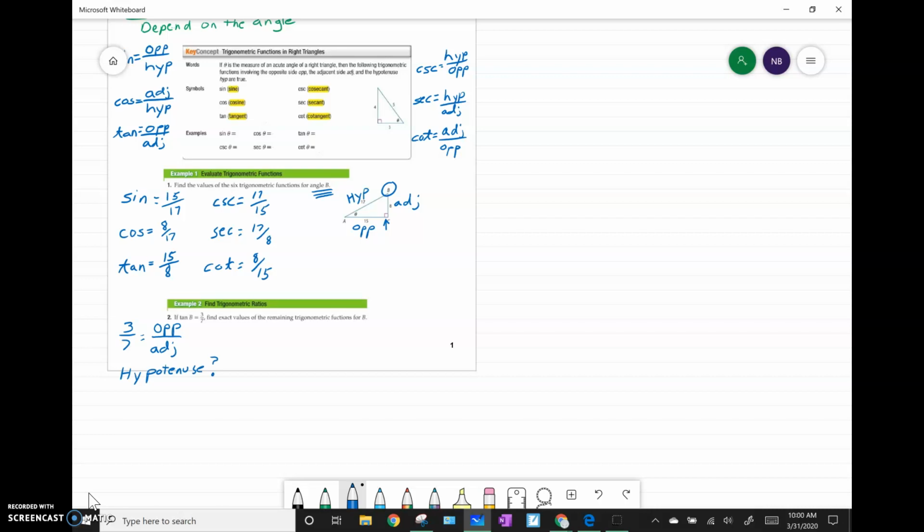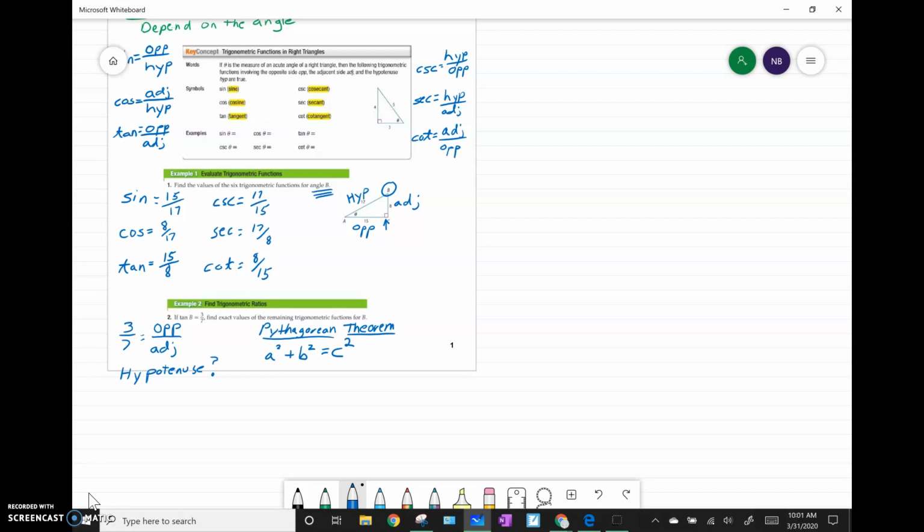So in order for us to find that hypotenuse, we're going to have to use the Pythagorean theorem. And we did that yesterday for our assignment. The Pythagorean theorem tells us that a squared plus b squared equals c squared. Remember, c squared is always your hypotenuse. When we're problem solving, you can put a as your opposite or b as your opposite; it doesn't really matter at this point.